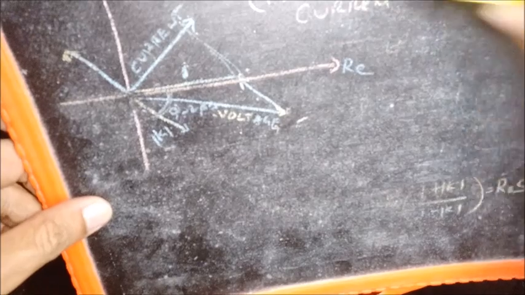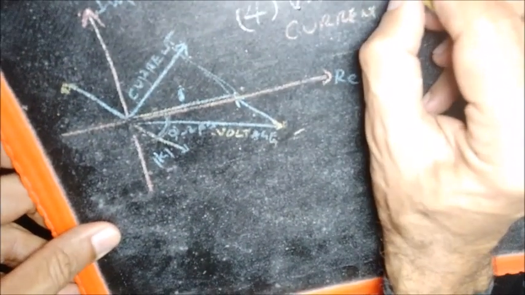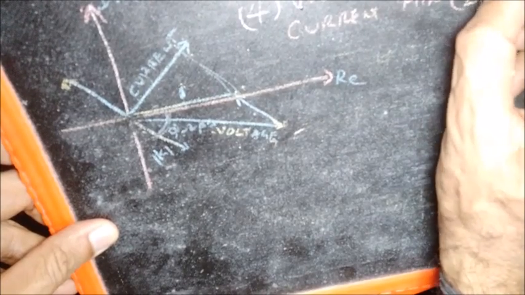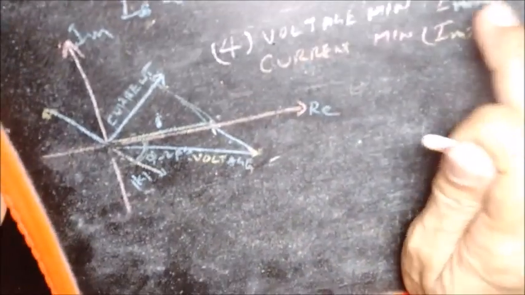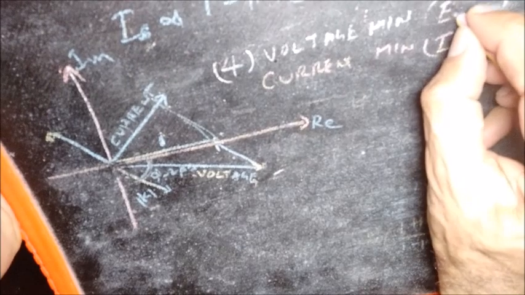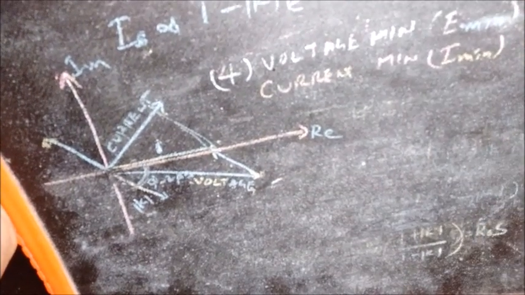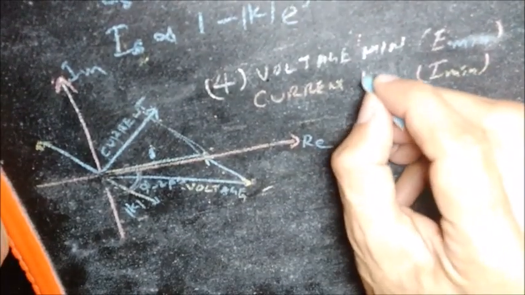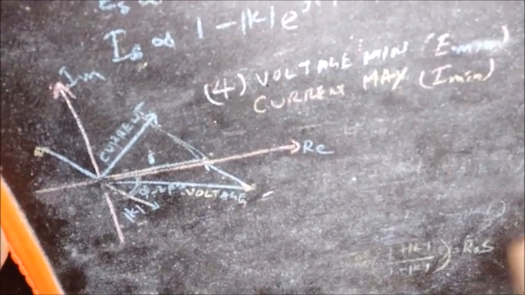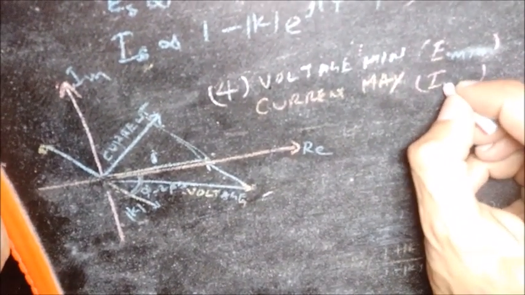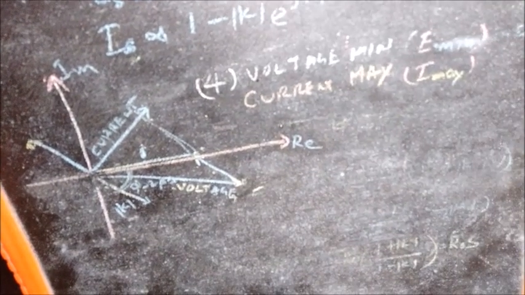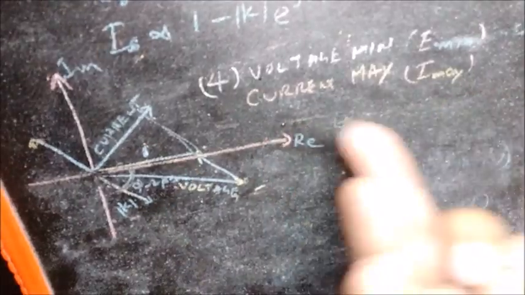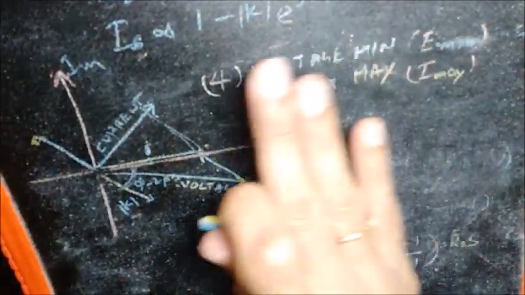Voltage minimum, I will not explain as much as I did here, because it is complementary. Voltage minimum, that is Emin, and current maximum, Imax, occur at the same point on the transmission line. It is a complementary discussion of what we discussed just now, so I will not spend time on it.